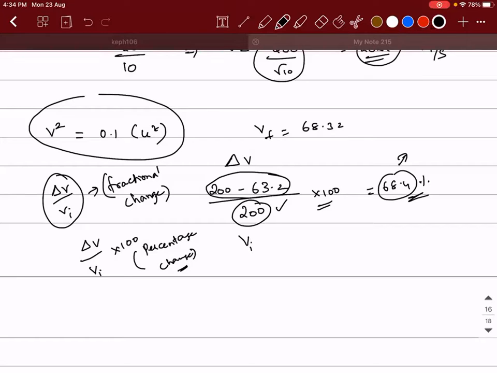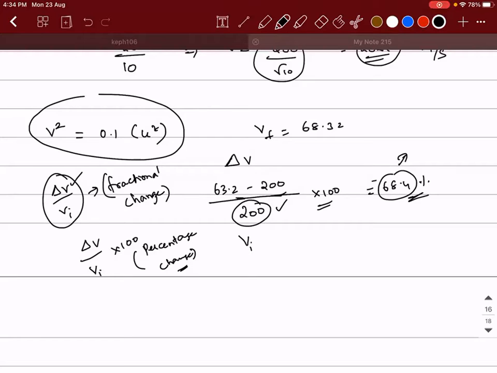One mistake that I did here, actually I'll not call it a mistake because I know it is going to be negative. But generally, whenever you talk about change, you should always take final minus initial. So 63.2 minus 200 divided by 200 will actually give you minus 68.4.